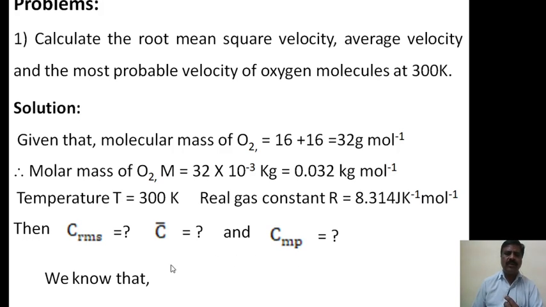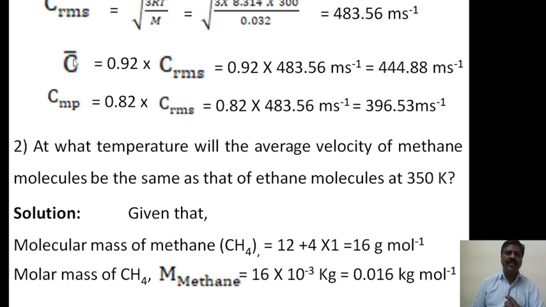We know that the expression for root mean square velocity is equal to the square root of 3RT divided by M. Here, inside the square root, 3 into R, which is 8.314, into T, which is 300, divided by M, the molar mass of oxygen, which is 0.032. After taking the square root, we will get 483.56 meter per second.